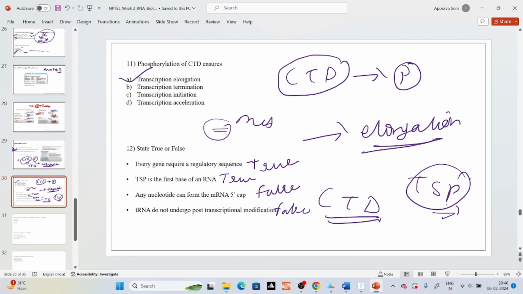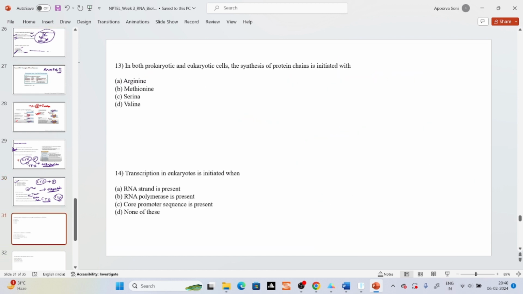Okay. Now, next question is, in both prokaryotic and eukaryotic cells, the synthesis of protein chain is initiated with arginine, methionine, serine or valine. So what is the correct answer?